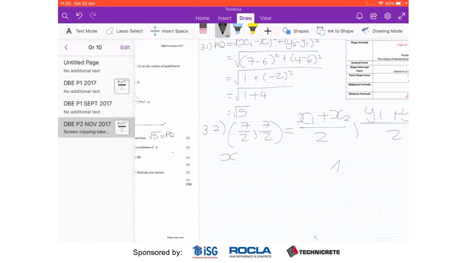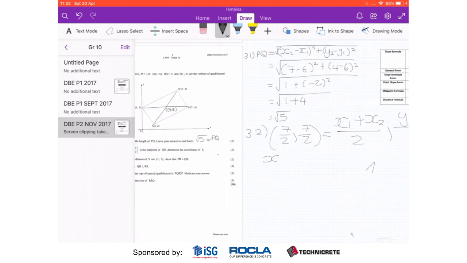So x1, which I know, which is Q, is 6 plus small t of S, over 2 is equal to 7 over 2. My ideology of the best method to solve this would be to just cross multiply.